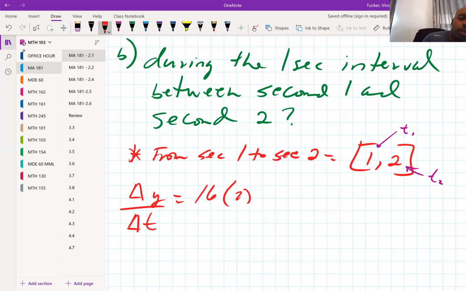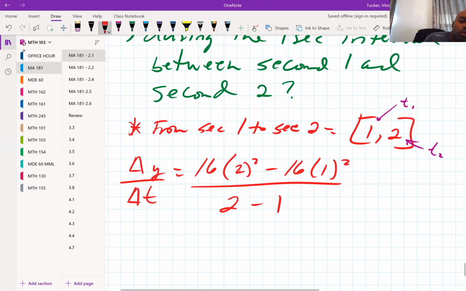So you go ahead and plug in, same way we did last time, just that t1 is 1 this time instead of 0. So 16 times 2 squared would be 64. 16 times 1 squared, 16. 2 minus 1 is just 1.